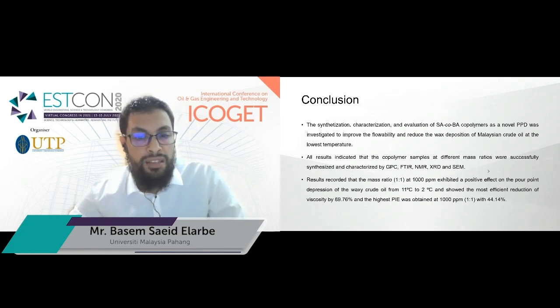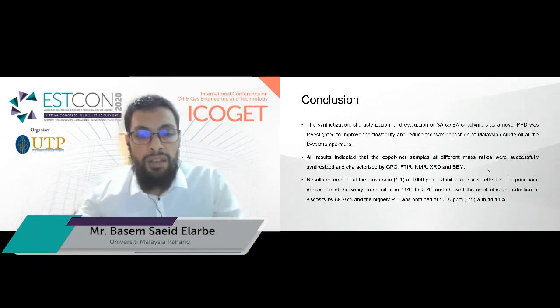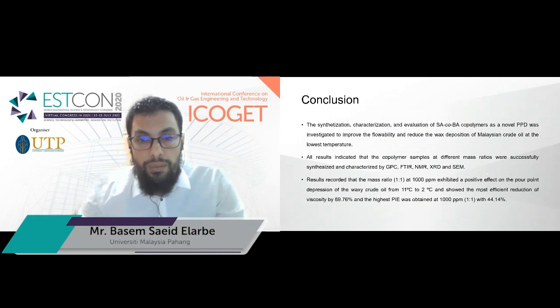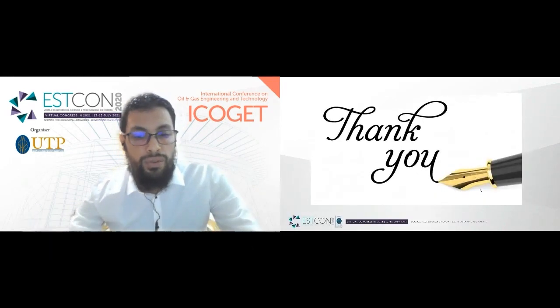All the results indicate the copolymer samples with different mass ratios were successfully synthesized, and the mass ratio 1:1 at 1000 ppm has a positive effect on the pour point depression and the most efficient reduction, and the highest WIE was around 44.14%. This is the reference that I use in my study. Thank you for your listening.